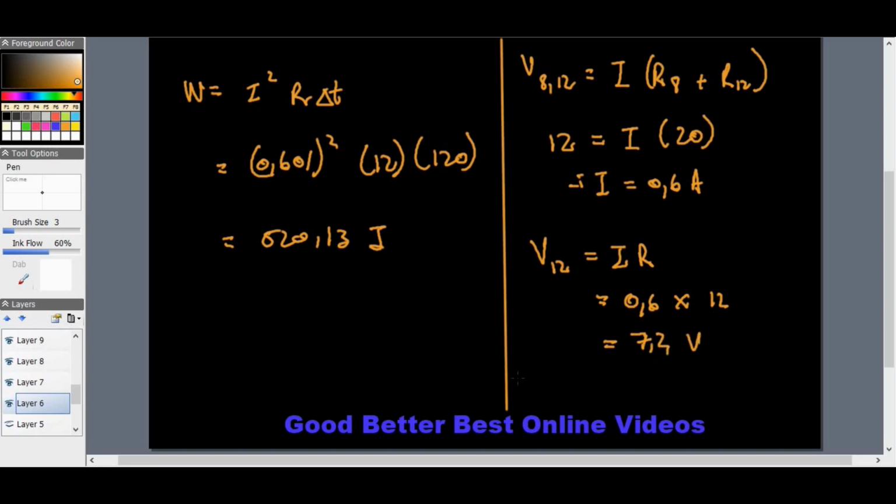Now the energy dissipated would be W equals V times I times delta T, which is another formula for energy, which will equal 7,2 times 0,6 times 120, because we have to factor time in.